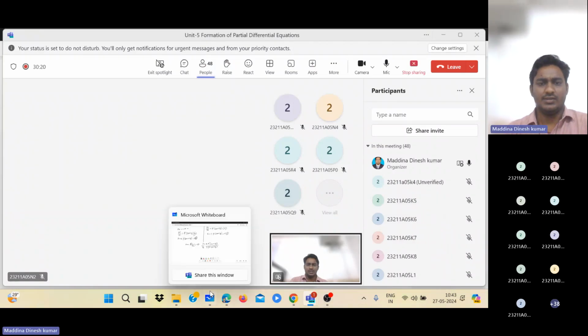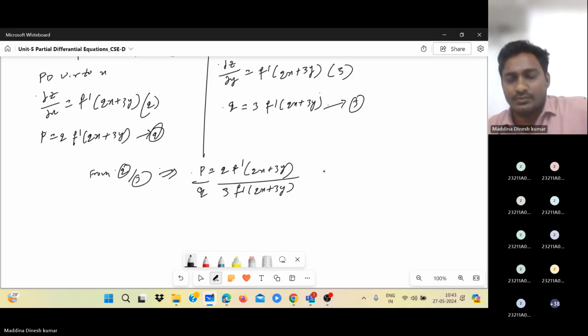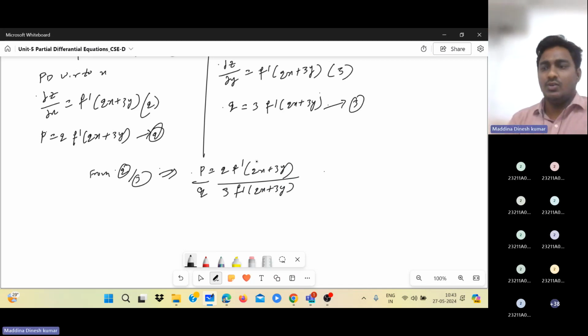Okay, everything is fine. Now f dash will go, then you will get p by q equal to 2 by 3.